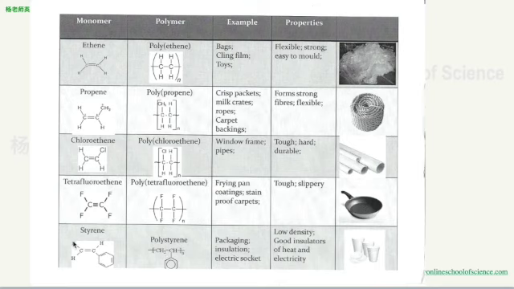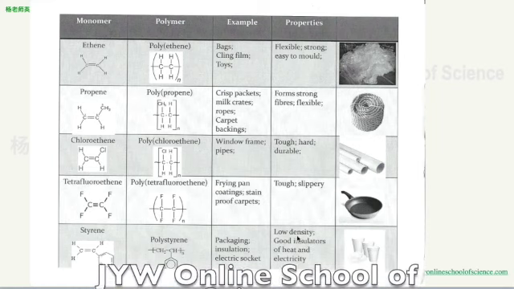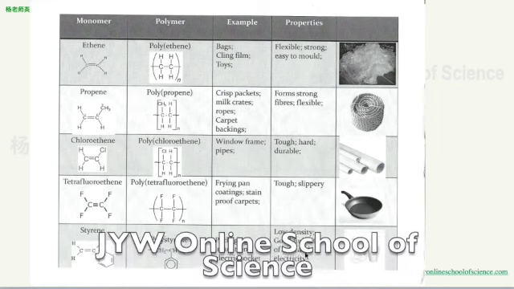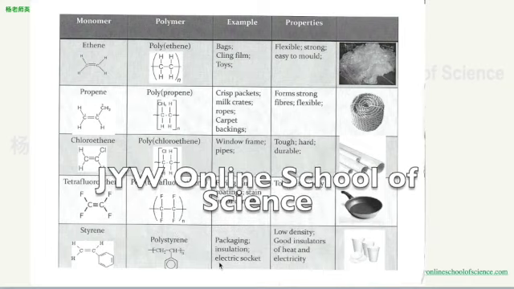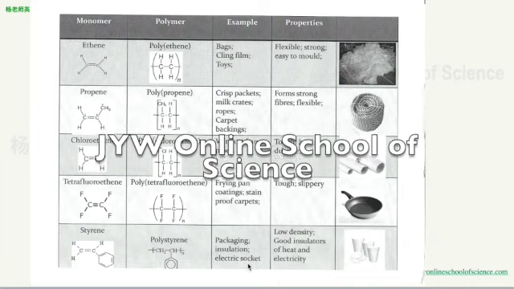This 2 means these 2. This one's CH, this H is this one. And here you have this ring. And then that is the polymer. And this kind of thing, you see, those plastic mugs, cups, we use it for that. It's a very, very good insulator, so good insulator of heat and electricity, very low density, so very light. So we use that for insulation and electric sockets and so on.